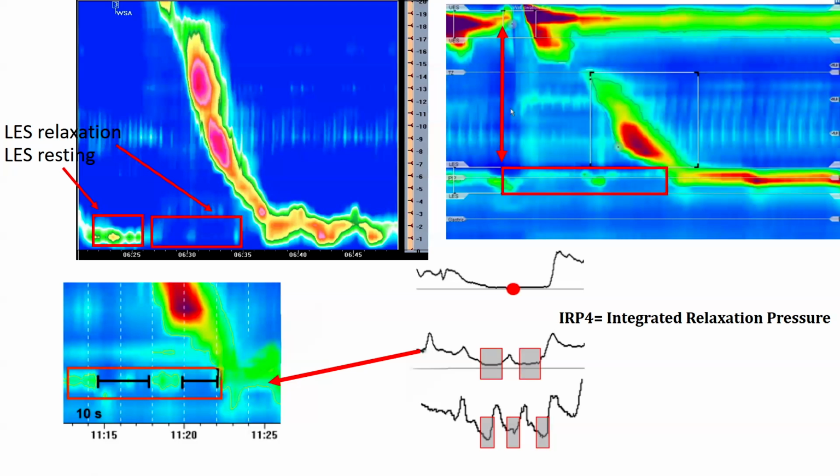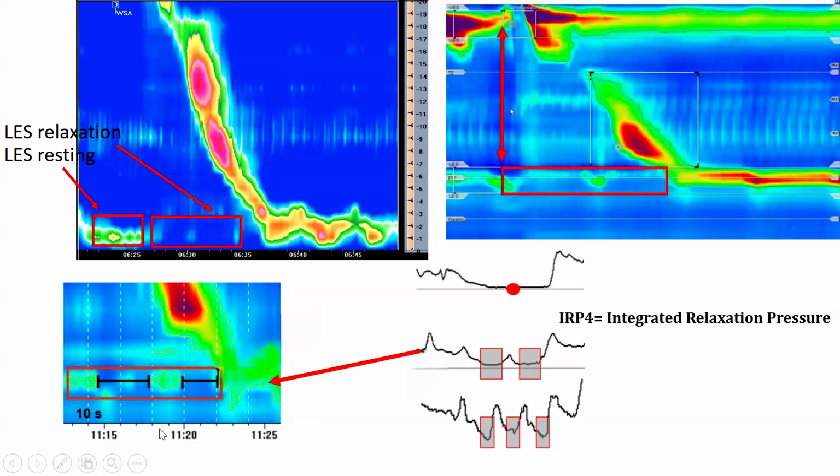Then the software will give us the average of these lowest relaxing pressures. So here we can see how it looks. This is the window of 10 seconds. We have relaxing here, and also relaxing here. The software automatically calculates the lower relaxing pressure value.